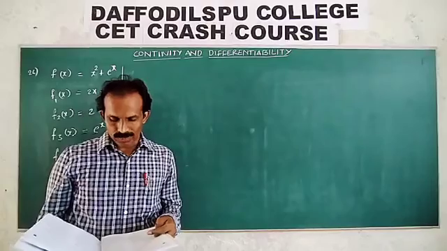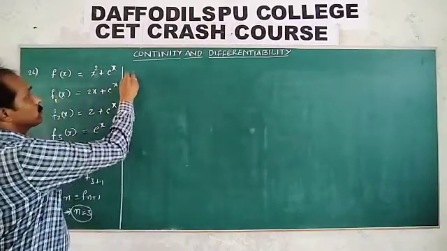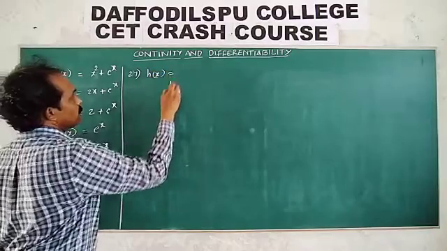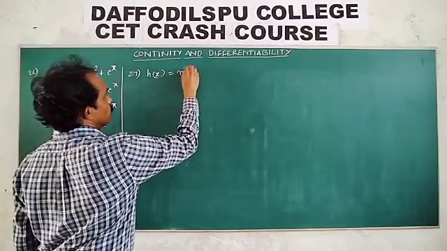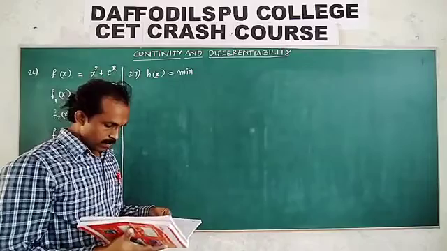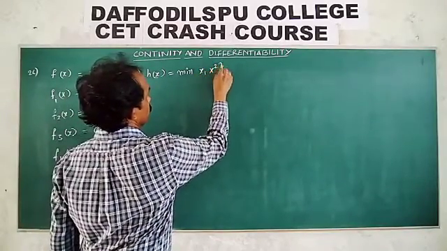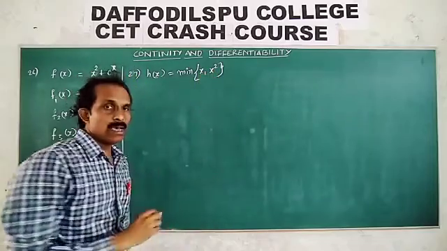Next, 27. h of x is equal to the minimum of x comma x square.